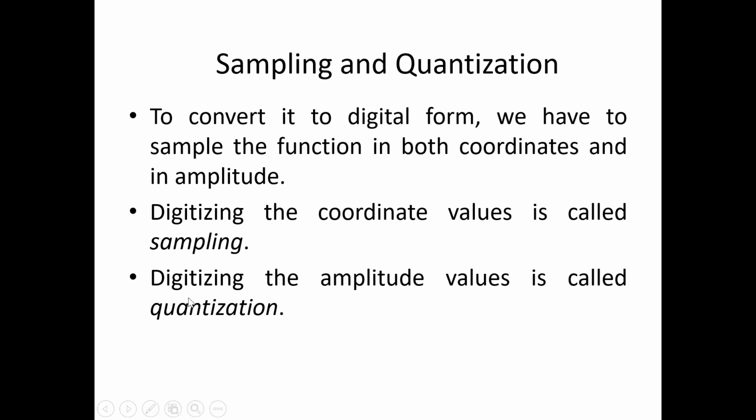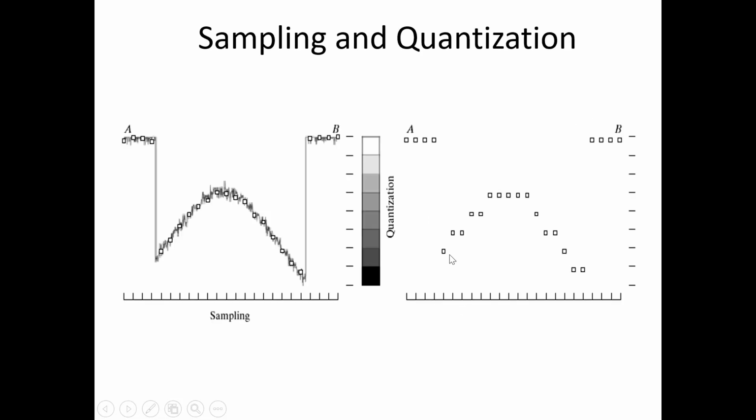And for quantization, we have to calculate the amplitude values. Digitizing the amplitude value is called quantization. Quantization means we ultimately find the intensity value. As you can see here, these are the intensity values, which show the shades and colors.